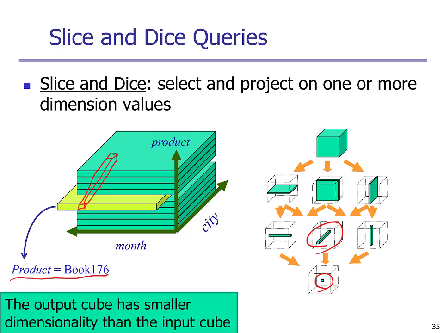Of course, the output cube always has smaller dimensionality than the input cube, because even for slice we need to select one dimension value, so definitely the dimensionality would be reduced by 1.